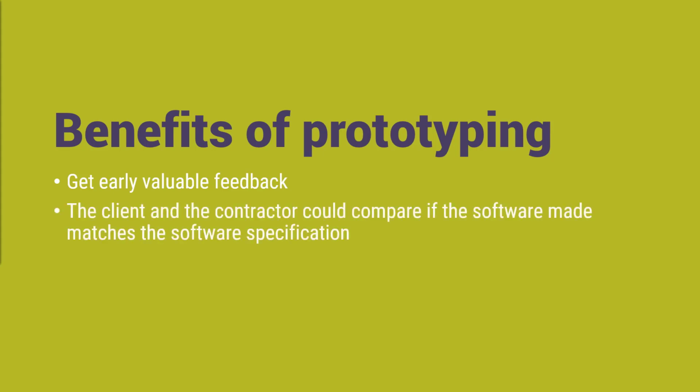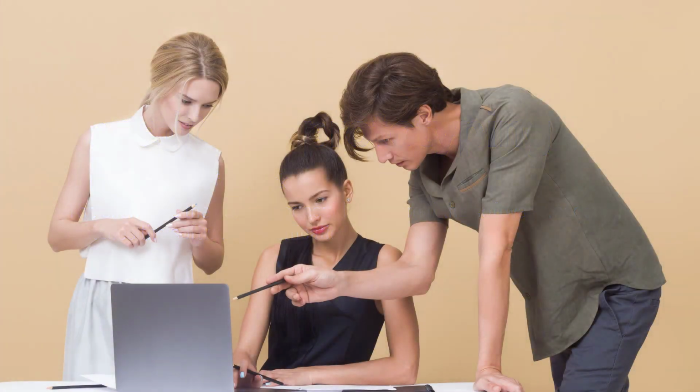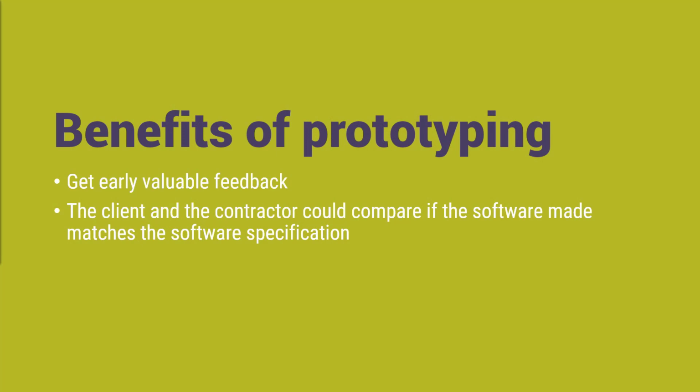Number two, the client and the contractor can compare if the software made matches the software specification. For example, the client defines the specification they want for the software you are making. When you create a prototype from that, you can compare expectation versus reality.